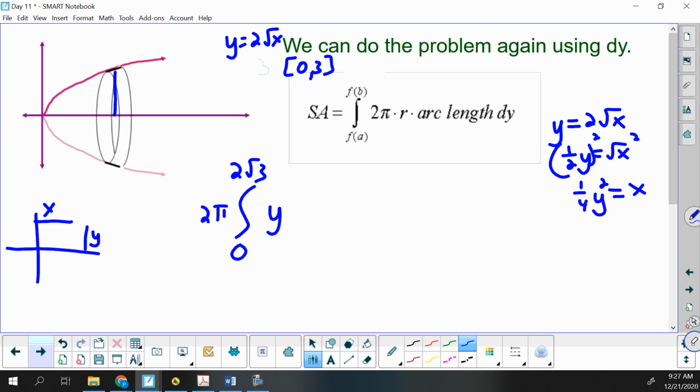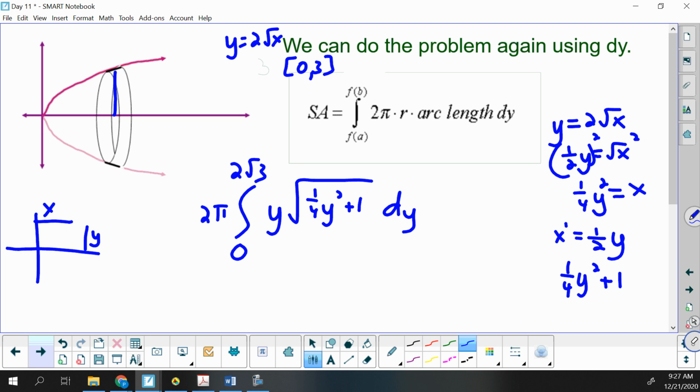So we'll take our derivative. We'll just call it x prime. That'll be 2 times a fourth will give us 1/2 y. If we square that and add 1, we'll get 1/4 y squared plus 1. And that's what will go under our radical. And we'll stick our dy at the end.